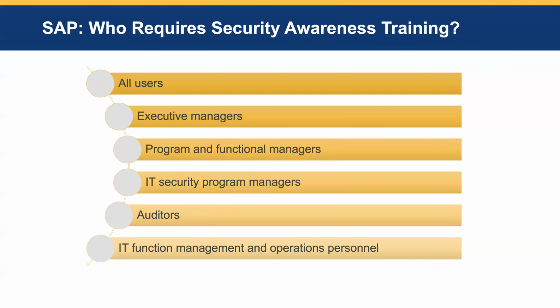Other actors include appropriate IT security managers that can handle broad training as well. It can include auditors who can handle the broad training and the security planning, system and application security management as well. And then you're also going to have the IT function management and operations personnel.